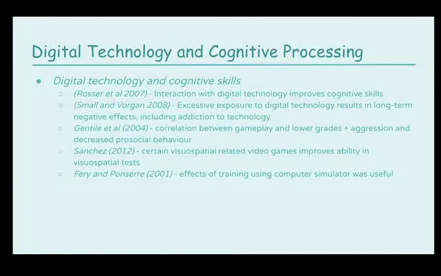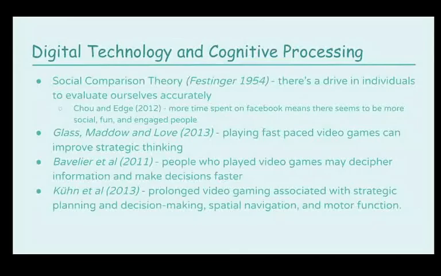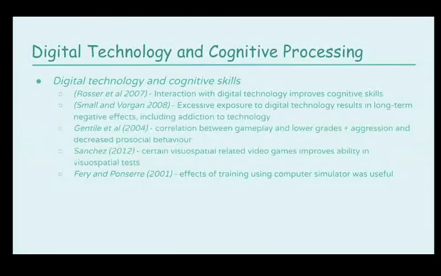Okay, so in digital technology and cognitive processing, there's a lot of studies that you can use to support this. Because in the HL you're not really going to talk about certain theories like the SL content or the SL-HL content.